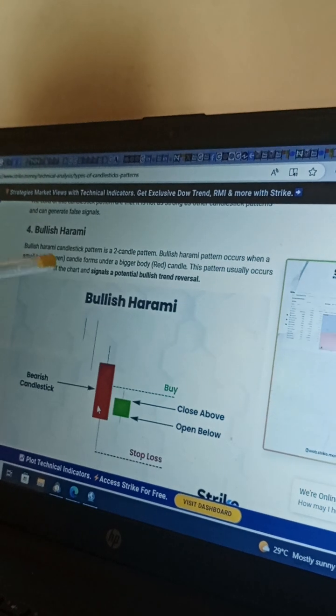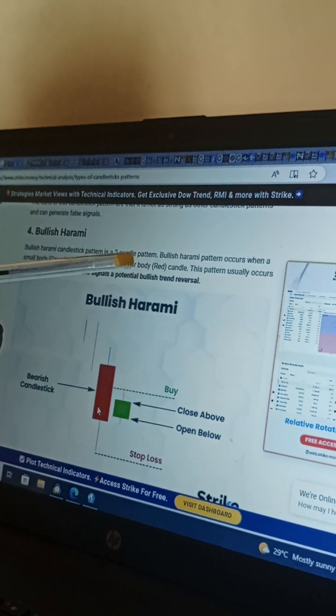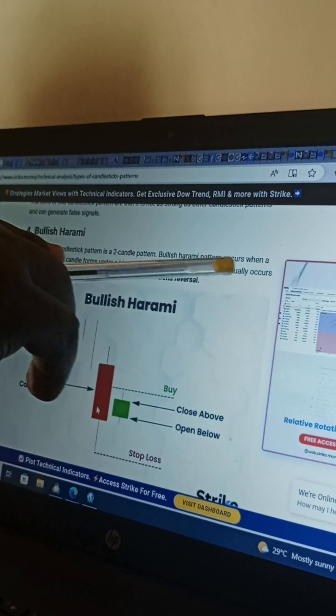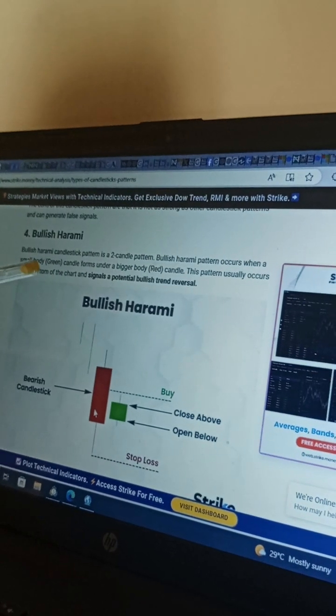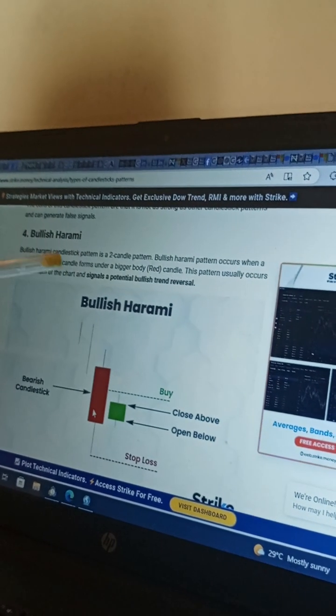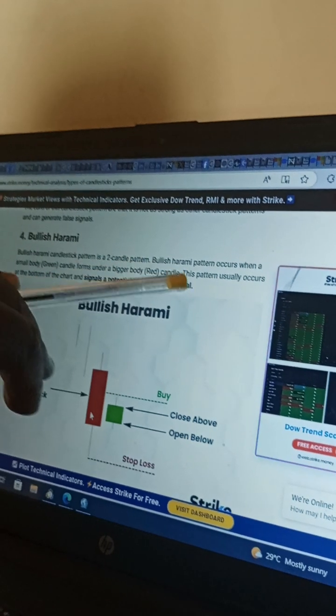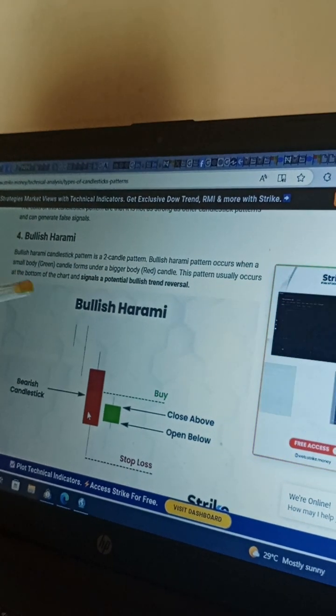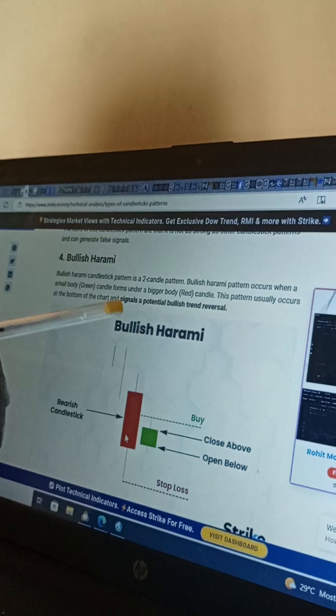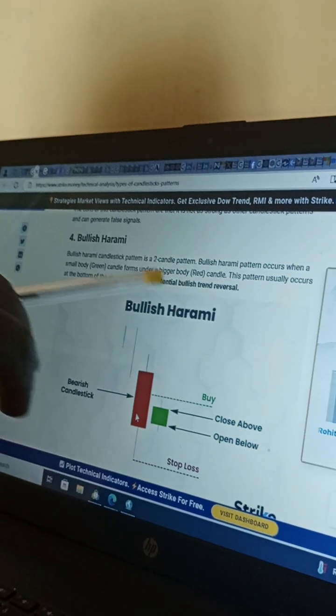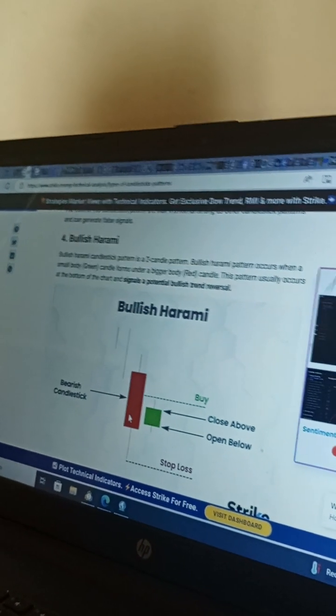The bullish harami pattern occurs when a small body, which is a green candle, forms under a bigger body, which is a red candle. This pattern usually occurs at the bottom of the chart and signals a potential bullish trend reversal.